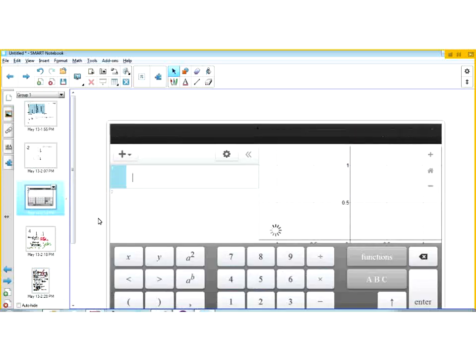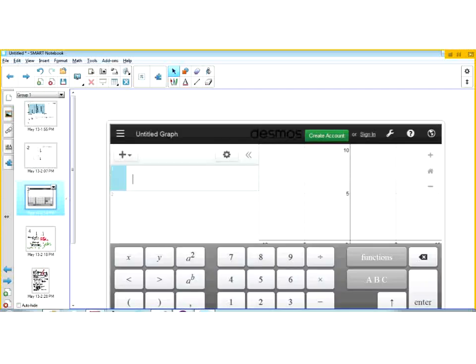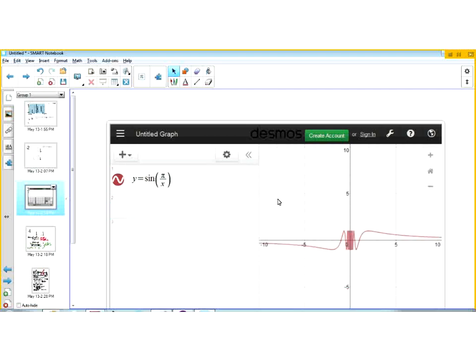Consider this function: y is equal to sine of pi over x. Okay, so a rather interesting graph. And we want to examine what the limit is.